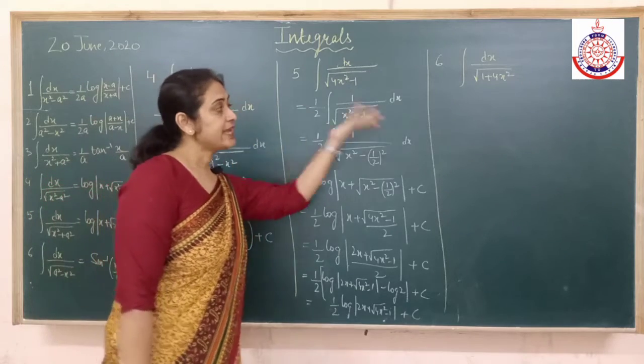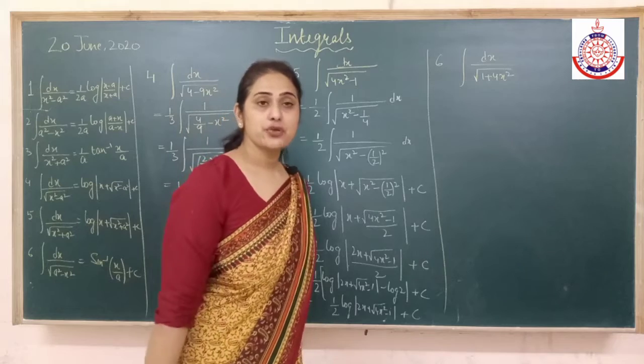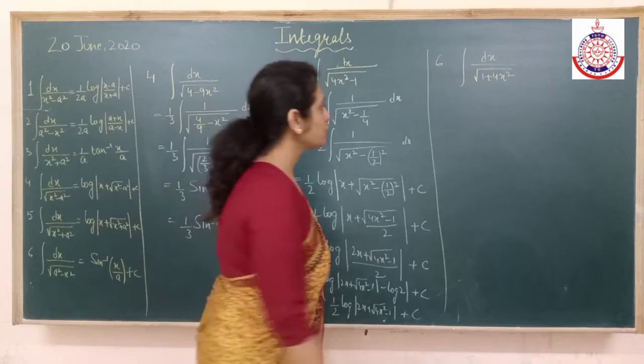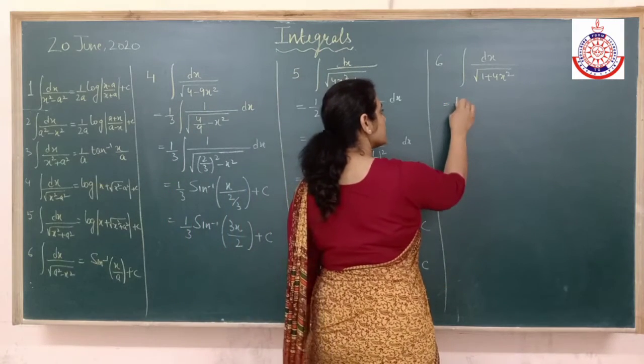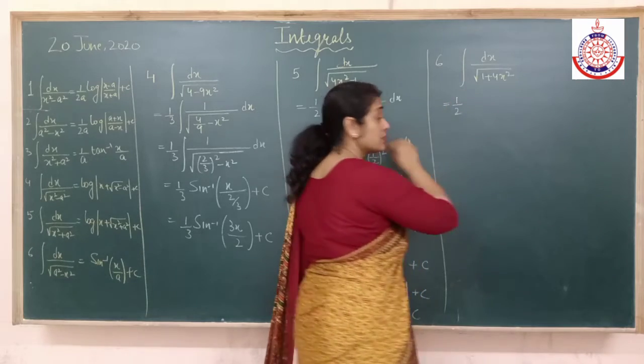Fine. Now the next example the same. The coefficient of x square is 4. I have to take it out. So take 4 out. It will be gone out as 2.